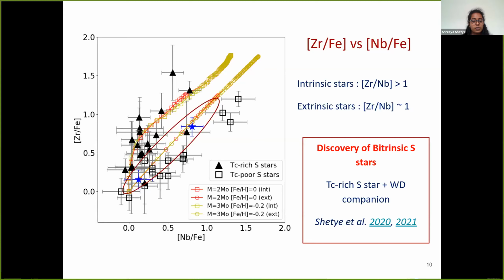So these stars show features of intrinsic as well as extrinsic nature, and hence we call them bintrinsic. The discovery of these bintrinsic stars also reveals to us a new way of discovering AGB stars with companions, which can be done now using the zirconium niobium analysis.